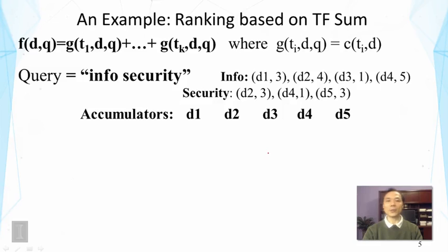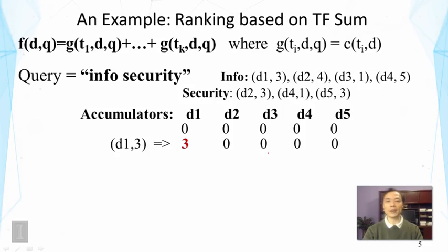Right? So let's fetch the entries from the inverted list for information first. That's the first one. So these score accumulators obviously will be initialized as zeros. So the first entry is D1 and 3. 3 is the occurrences of information in this document.